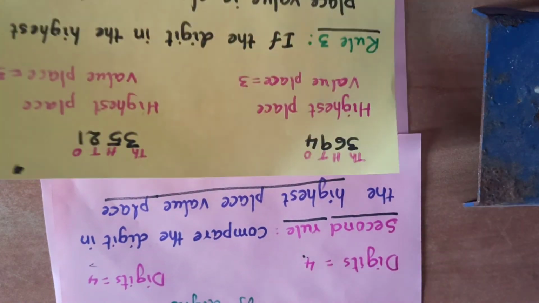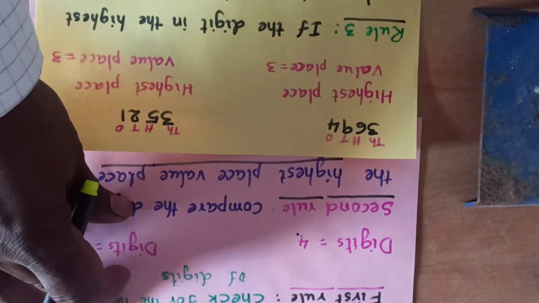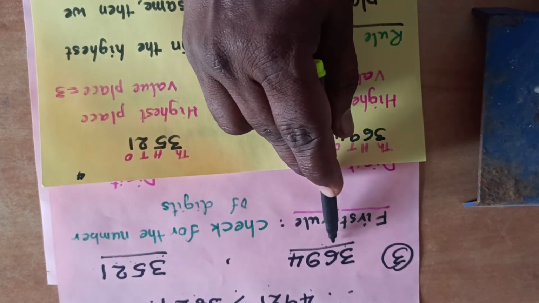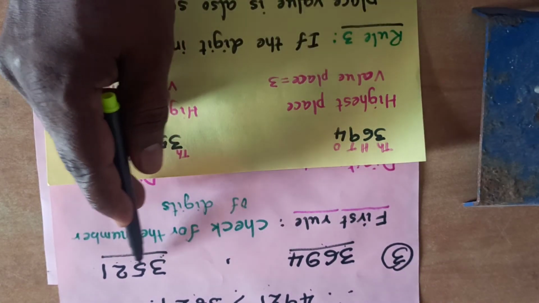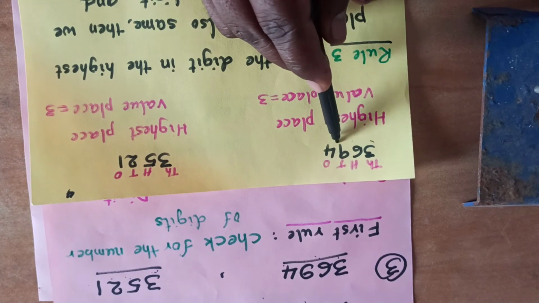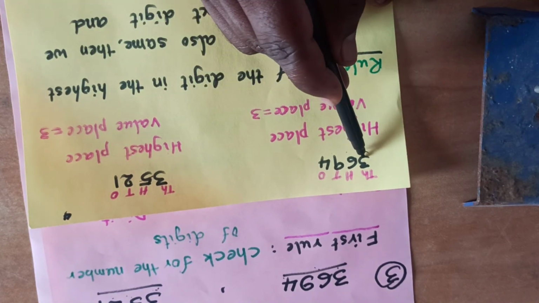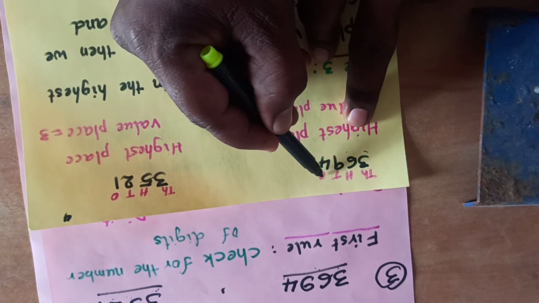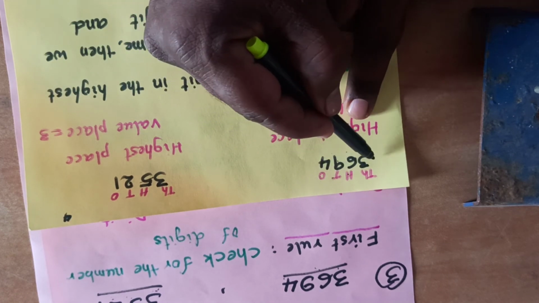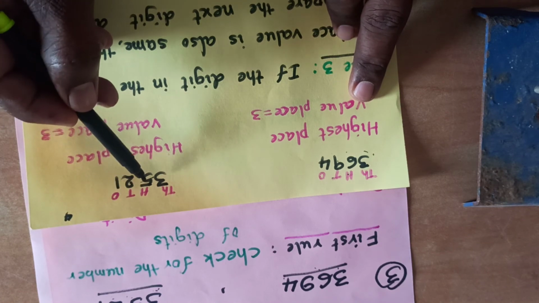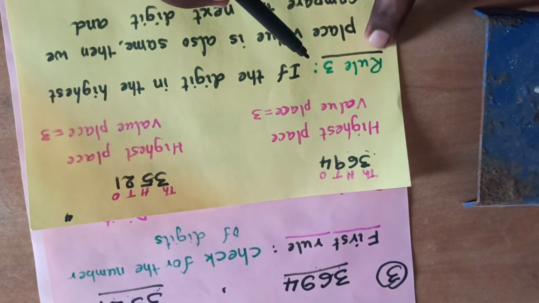Same numbers I have written here: 3694, 3521. Look here, ones place, tens, hundreds, thousands. In this number also ones, tens, hundreds, thousands.